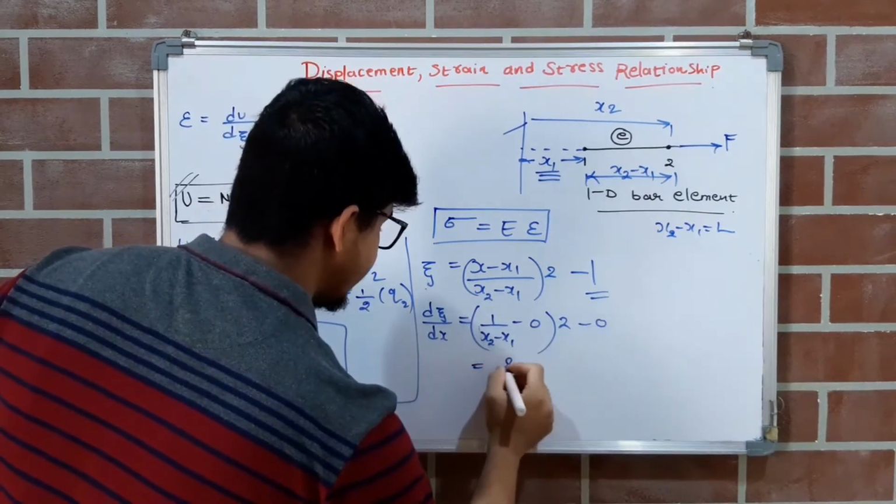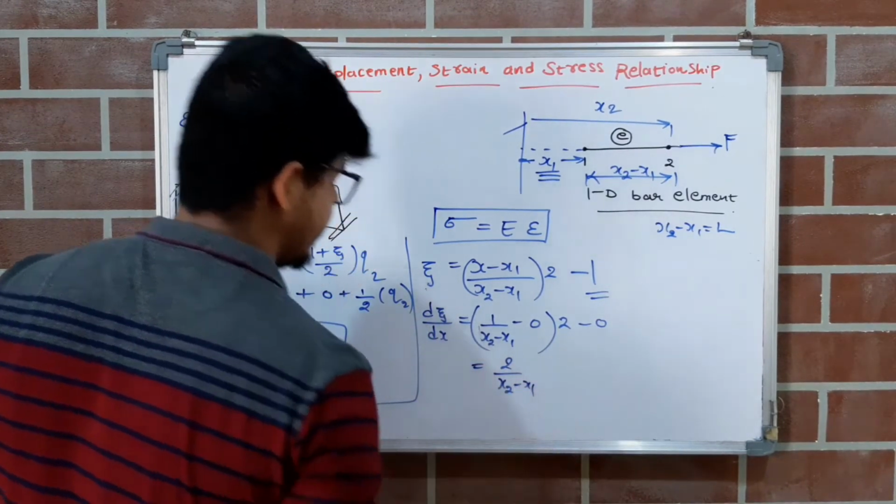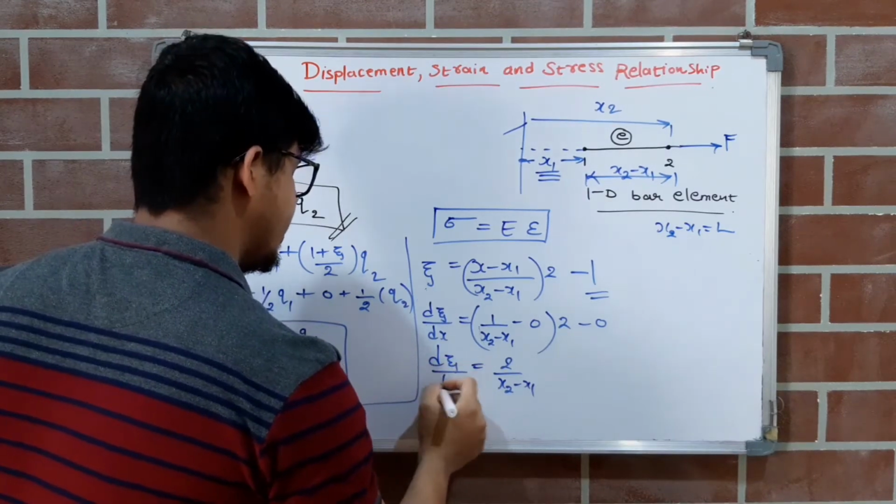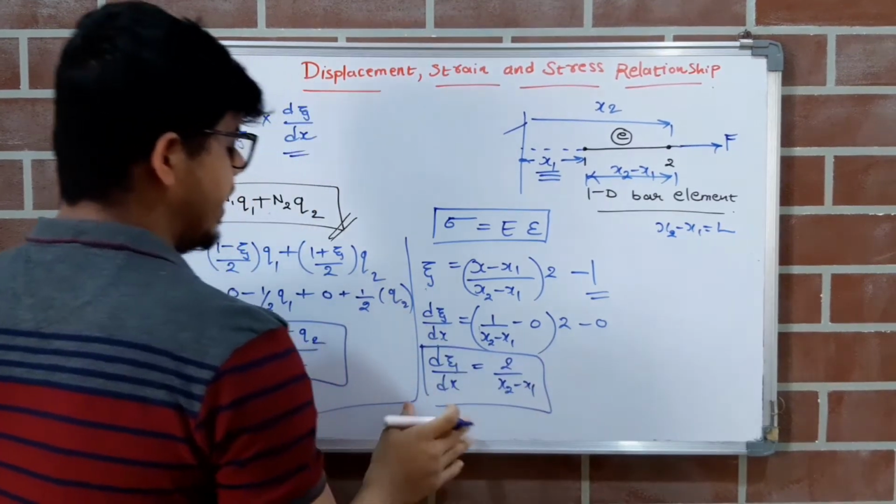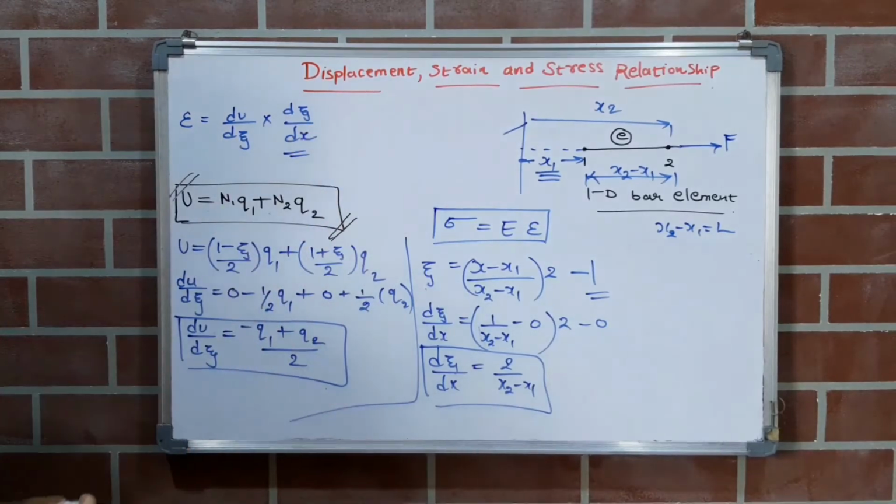So what you are getting is d zeta upon dx equals 2 upon (x2 minus x1). Now we will substitute both these values in the above equation.